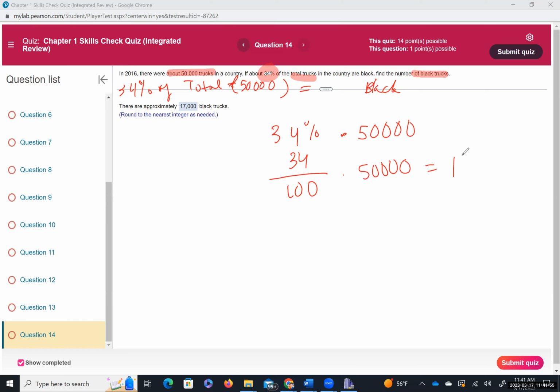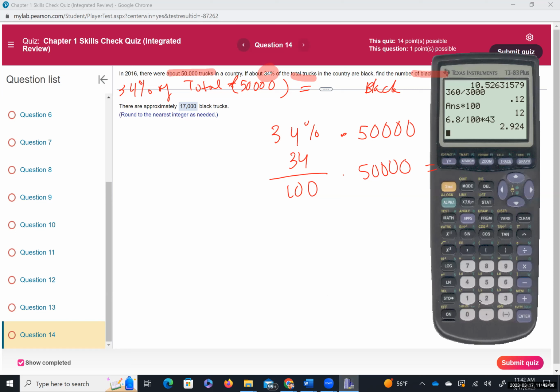Let's check with the calculator. 34 divided by 100 and then multiplied by 50,000. And I got exactly 17,000.